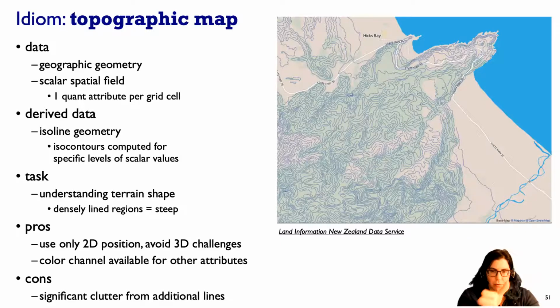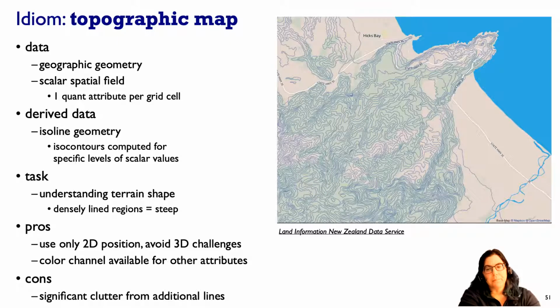We can think of, in this case, typically a regular grid where we are sampling. And in this case, what are we sampling? We're sampling the height above sea level. So for a whole bunch of points, systematically, on this two-dimensional map, we have this third number, which is the height above sea level.